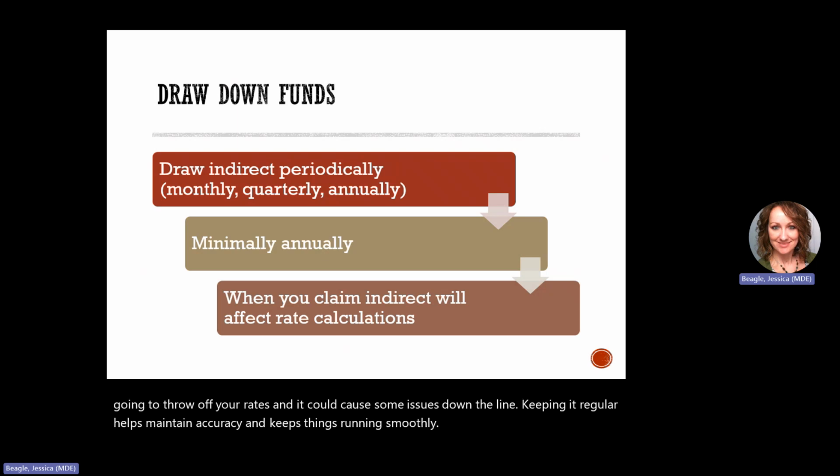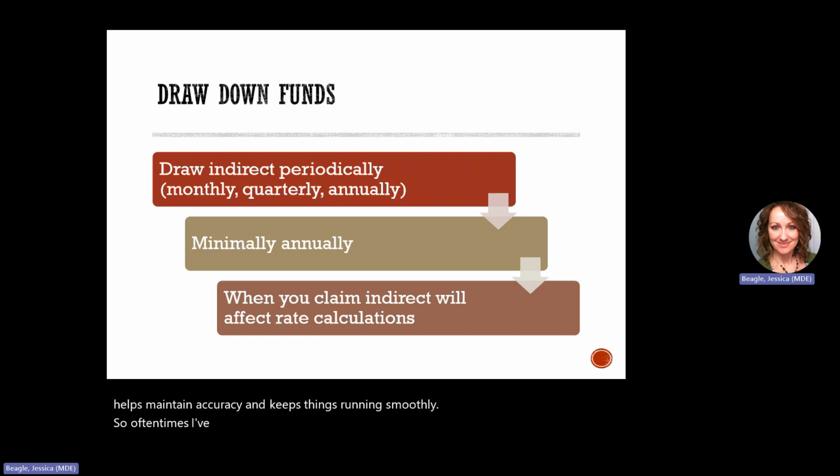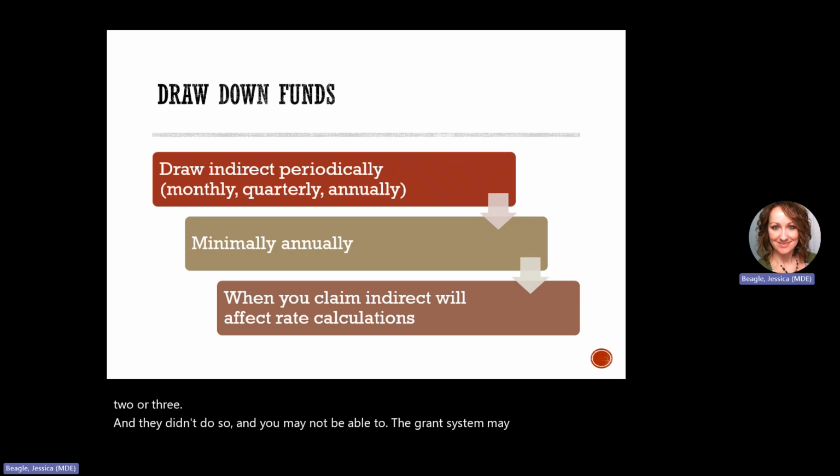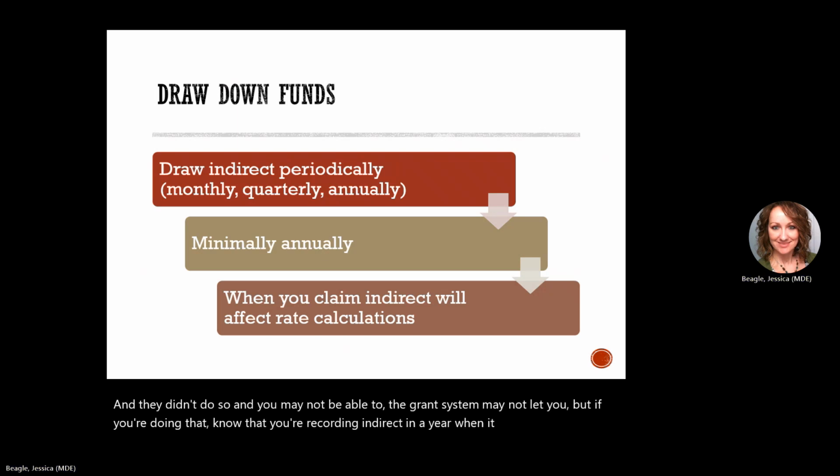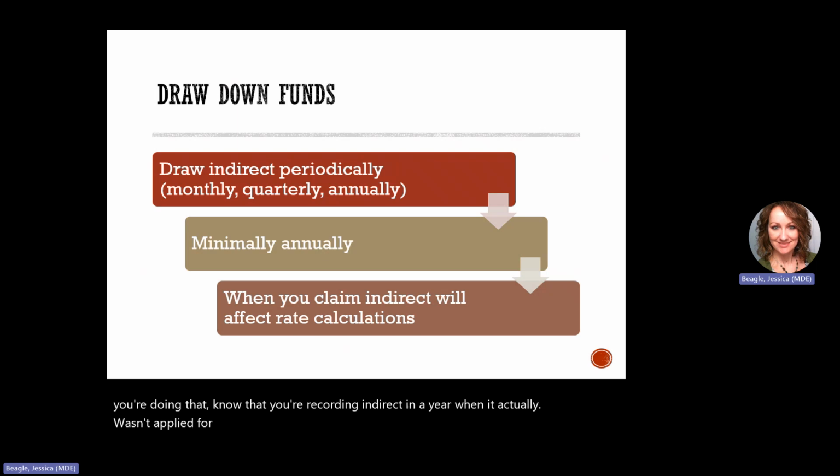So oftentimes I've heard districts want to go back and claim indirect for year 1 in year 2 or 3, and they didn't do so, and you may not be able to. The grant system may not let you. But if you're doing that, know that you're recording indirect in a year when it actually wasn't applied for that year, and it's throwing what you record into your FID off, and it's going to skew those rates when we go to calculate them later on.